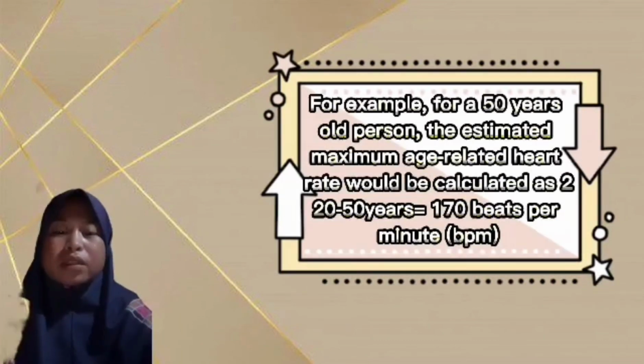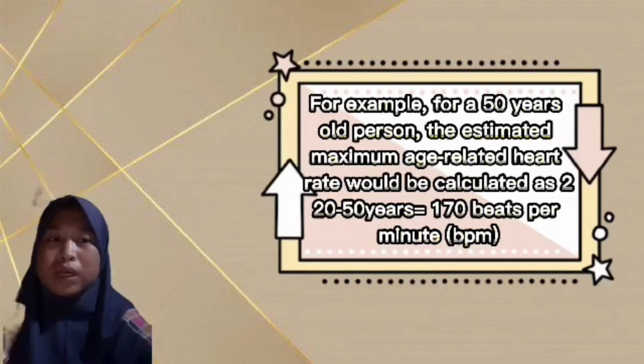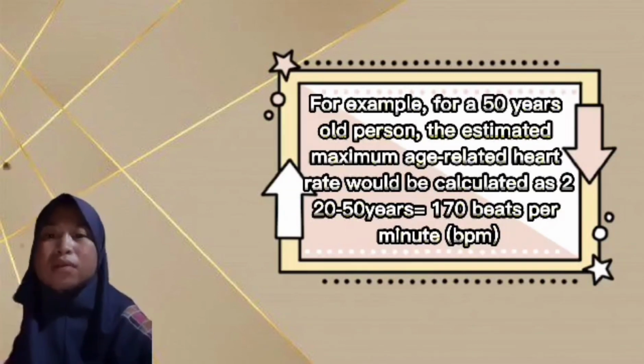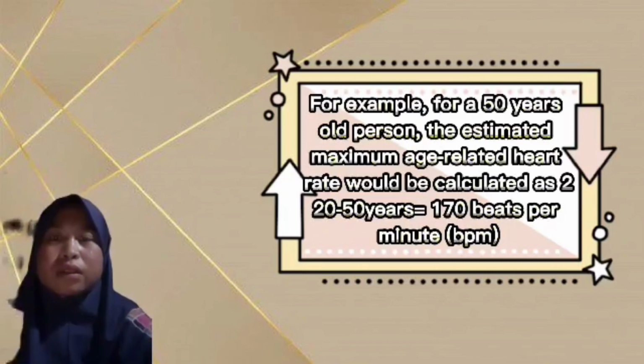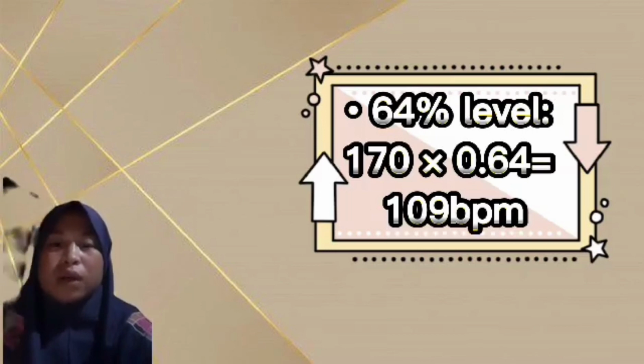Example, 15 years old person, yung 220, i-minus mo siya sa 50 years is equal to 117 beats per minute. Para makuha yung result ng moderate during their physical activity, yung 170, i-multiply mo siya sa heart rate. Yung resulta ng heart rate mo, which is the 64%. 170 times 0.64 is equal to 109.